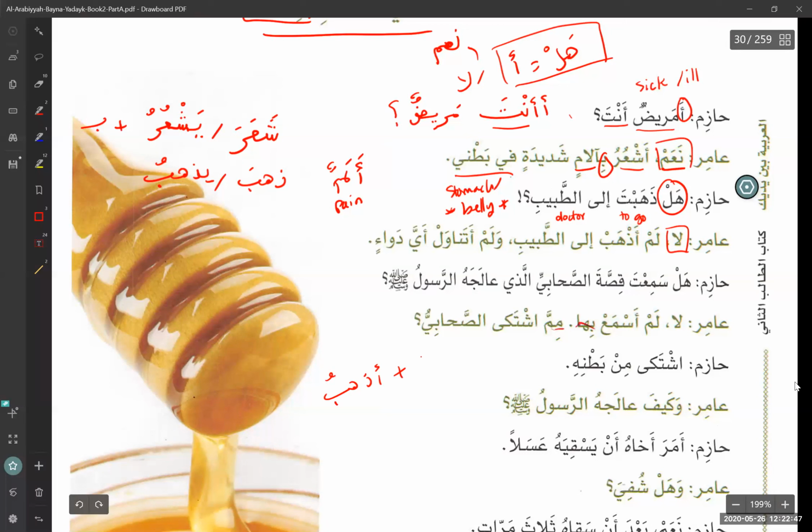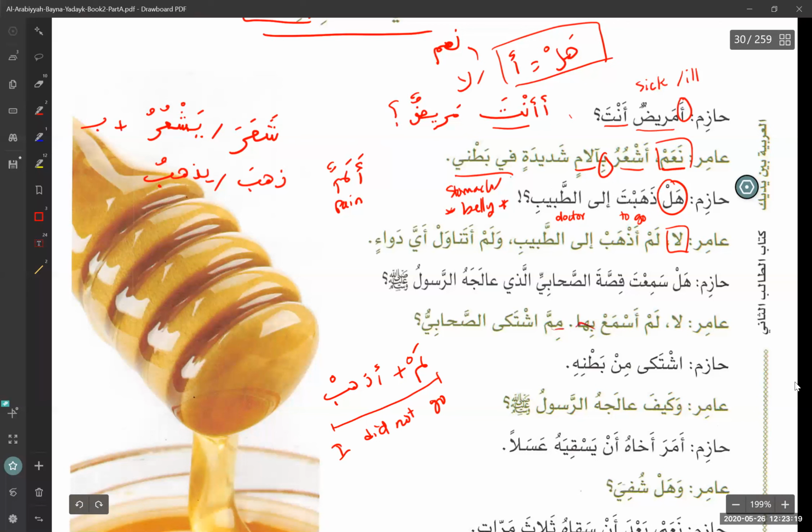But when you have lam before adhab, then a few things happen. First, you remove the dhamma, adhabu, it becomes sukun, lam adhab. And it makes the verb into past negative tense. So here adhab was I go, lam adhab, I did not go.